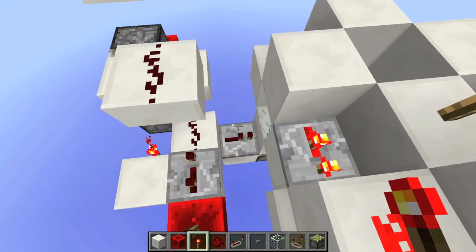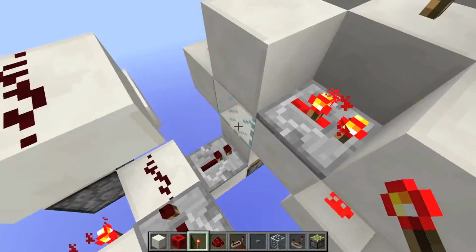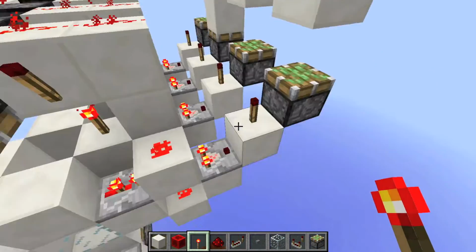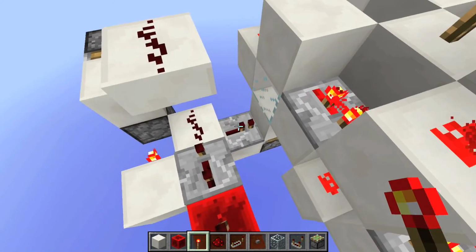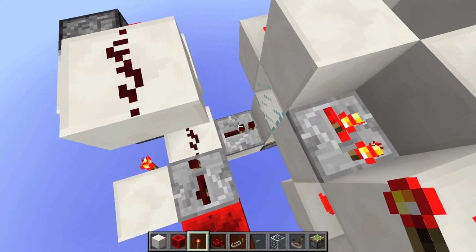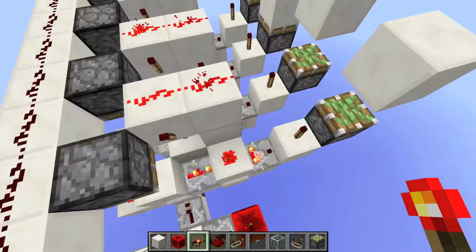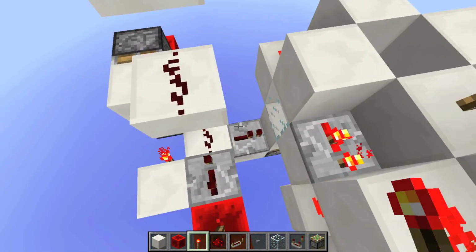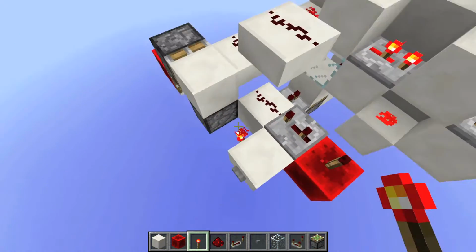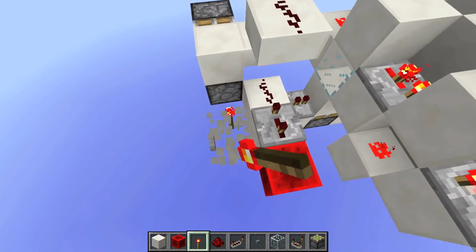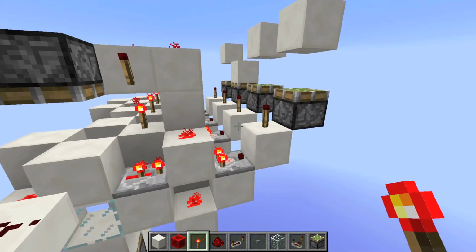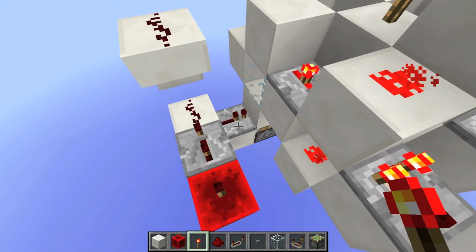And yeah, we can just keep increasing it, and it'll keep going on and on and on. And this repeater actually is the one that determines the starting tick bit. So it's essentially this repeater's delay minus 1 equals the starting bit. Now if the repeater's on 1, of course 1 minus 1 is 0, so that's all good and dandy. But let's say we wanted to start on, I don't know, 2 ticks for some reason.